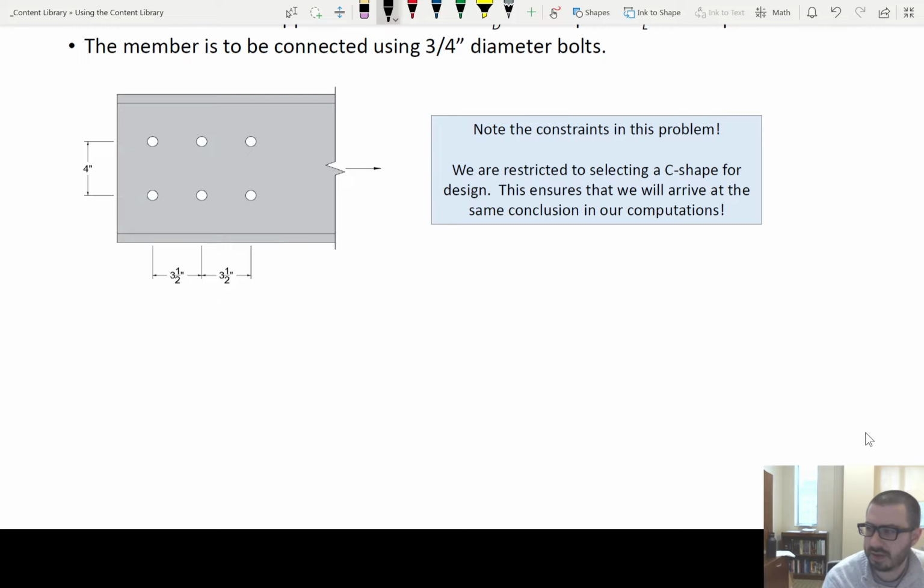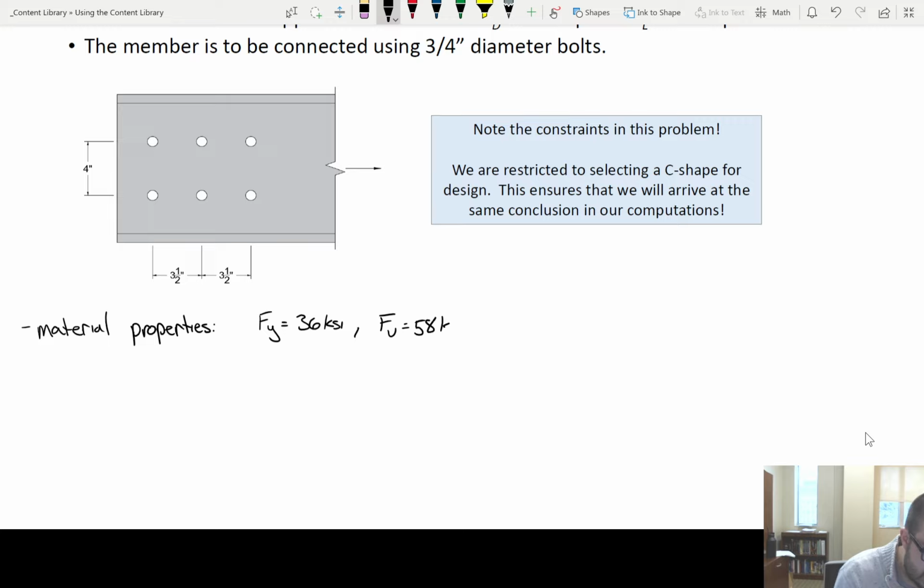One of the things that we do know is constant is our material properties. We're going to be using an FY of 36 KSI and an FU of 58 KSI.